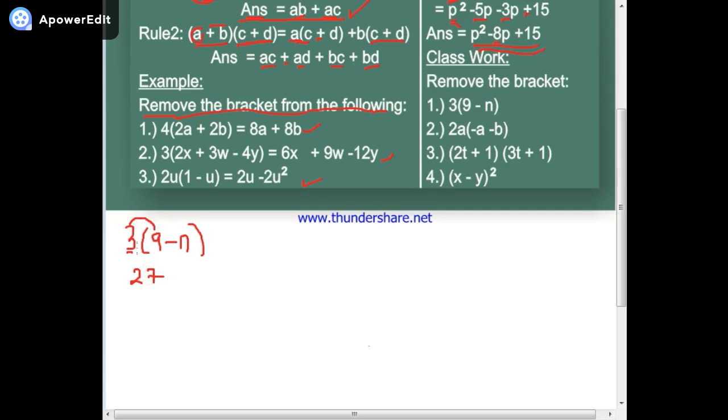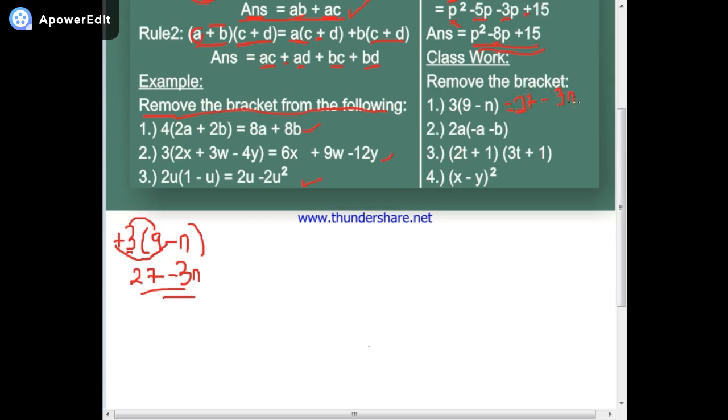And bring this minus, because there is an invisible plus there already. So you use this plus to multiply this minus. Plus times minus will give you minus. And 3 times n is 3n. So your answer will be 27 minus 3n.